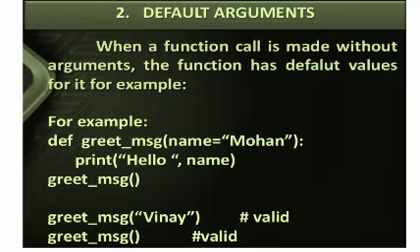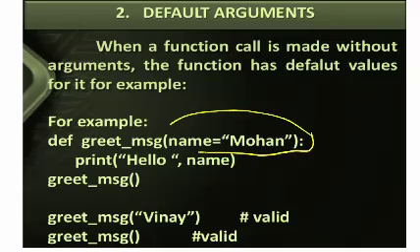Now second, default arguments. As you know, in the previous lecture we discussed functions. We define the function create_msg and pass the argument name with a value.